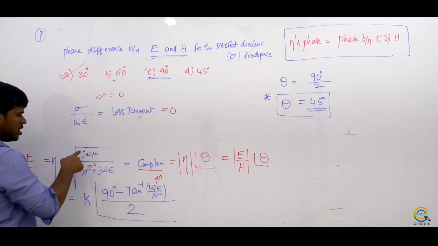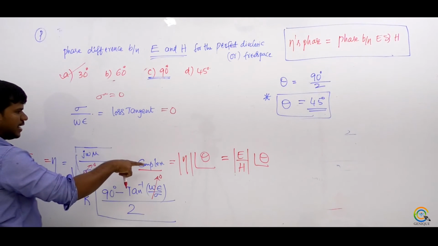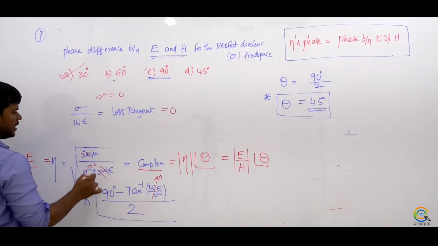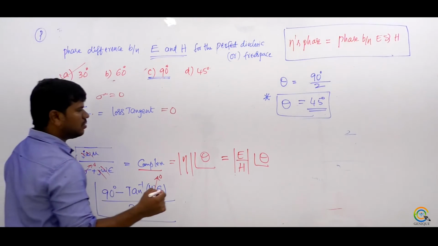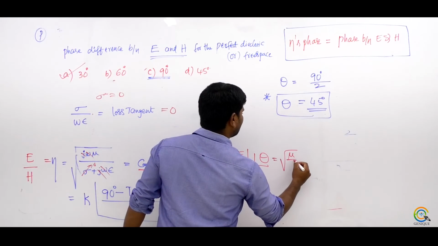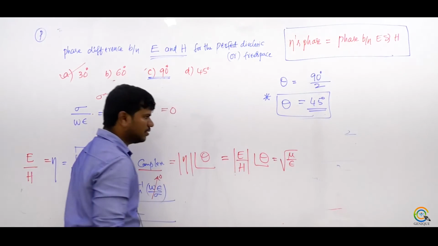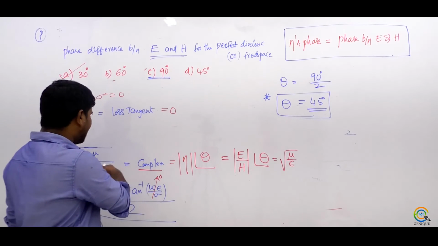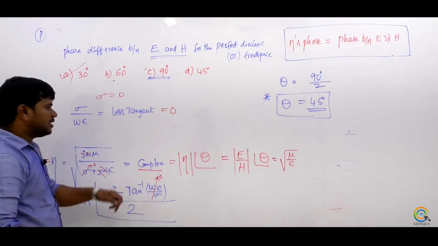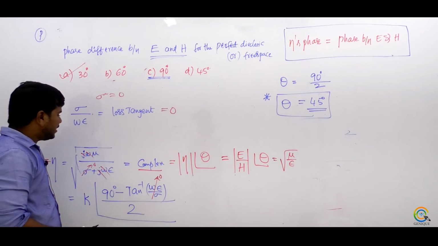If sigma is 0, j will get cancelled, omega will get cancelled. So eta is equal to root over mu by epsilon. Is there any difference between these two?